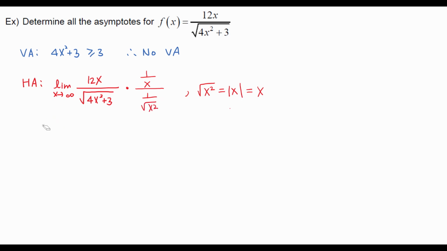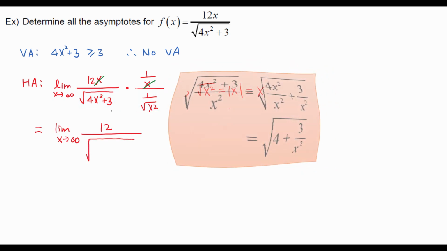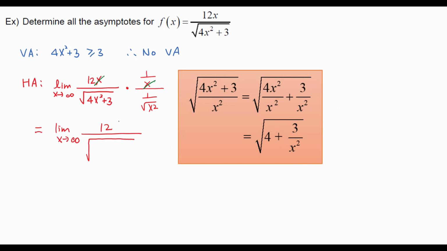So then this is equal to the limit as x approaches positive infinity. You multiply numerator with numerator, but the x's get canceled, so you get 12 on the numerator. In the denominator, you multiply the radical times 1 over the radical, which is the same as one radical of the quantity 4x squared plus 3 over x squared. Let's split the fraction: 4x squared over x squared gives you 4, plus 3 over x squared.